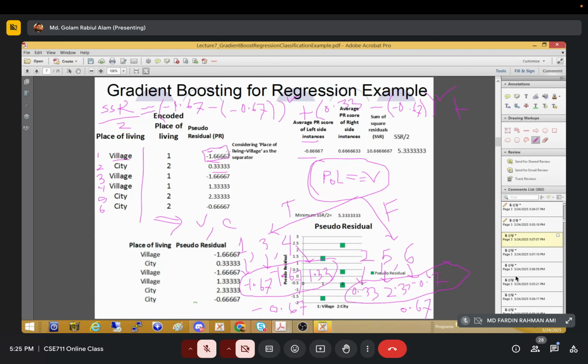In this way we have to find the SSR by 2, and you will get 5.33.